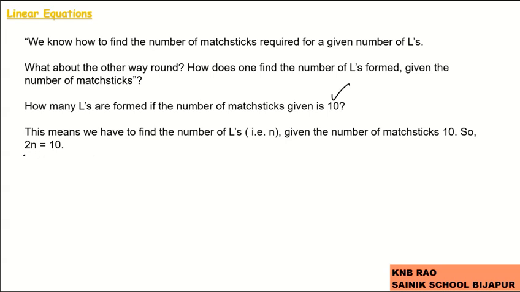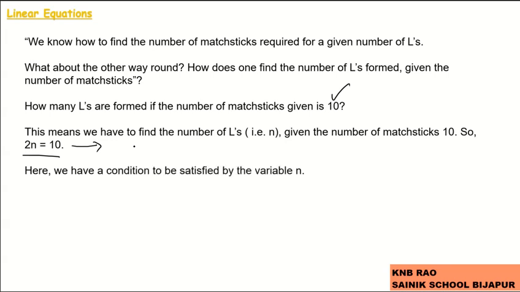That means this 2n equals 10 is a condition. Here we have a condition that has to be satisfied by a variable n. Here the variable is n. It has to get some value which satisfies this condition.